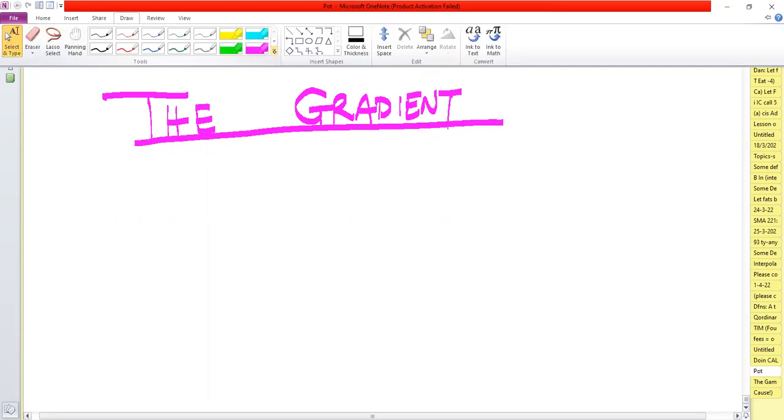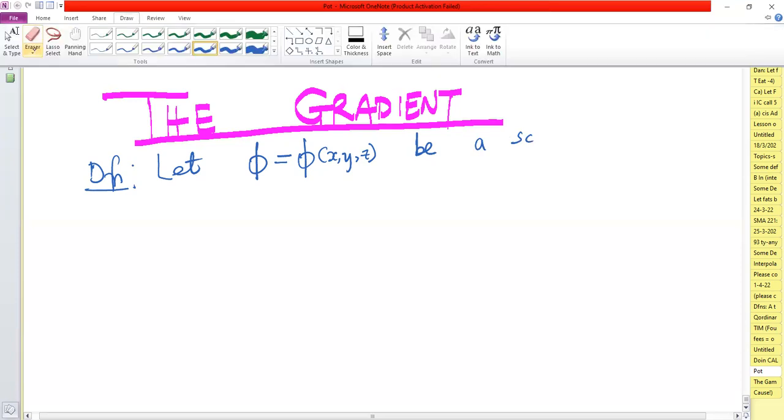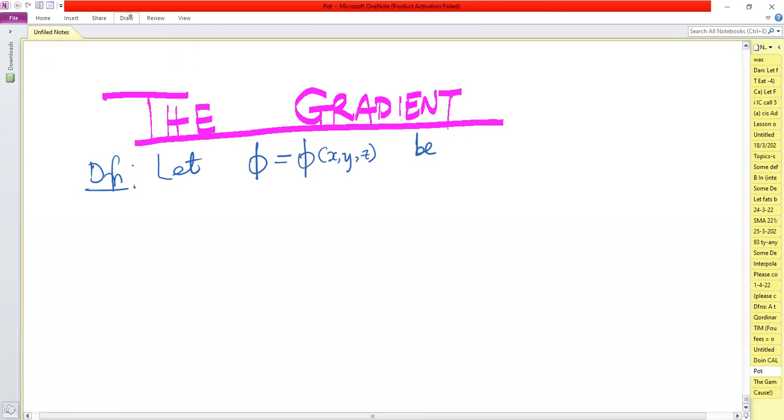Definition. So let phi, which is a function of x, y, and z, be a scalar function, or you can say scalar field.